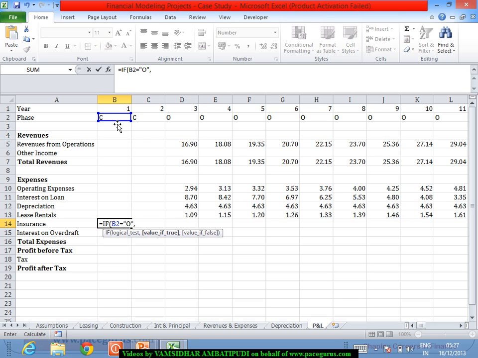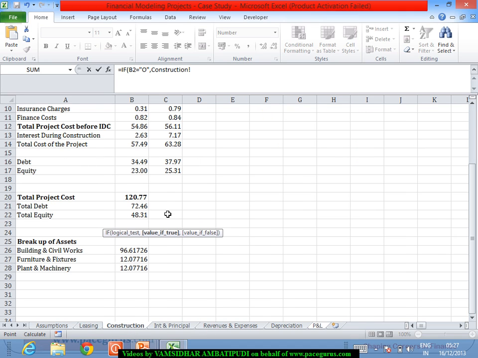So as long as this is the operations phase, I will take the total project cost. What is my total project cost here? I can get it from my construction. This is my total project cost.